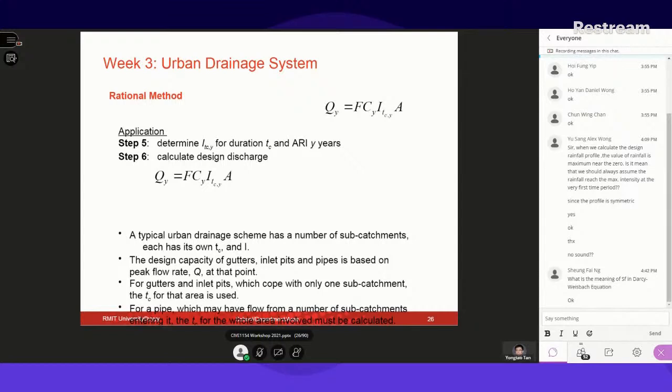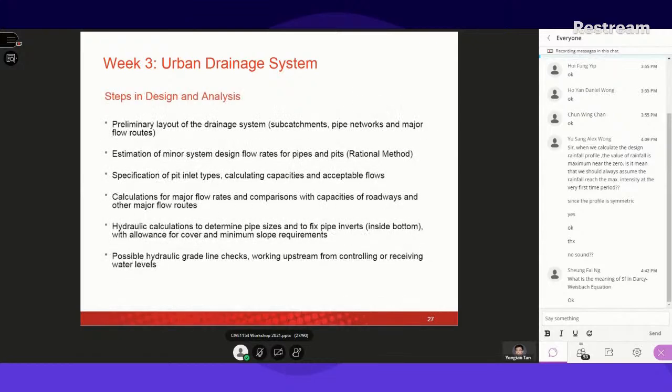Normally, the time of concentration used is the highest concentration time of the subcatchments.